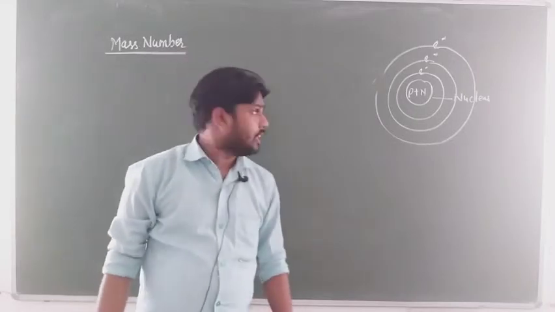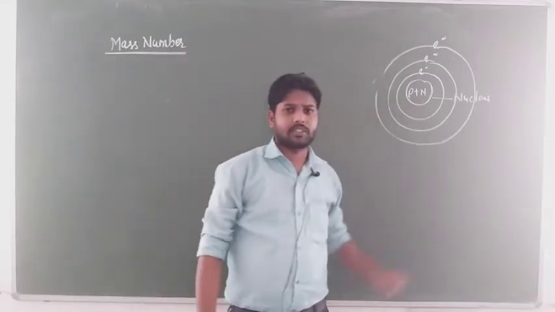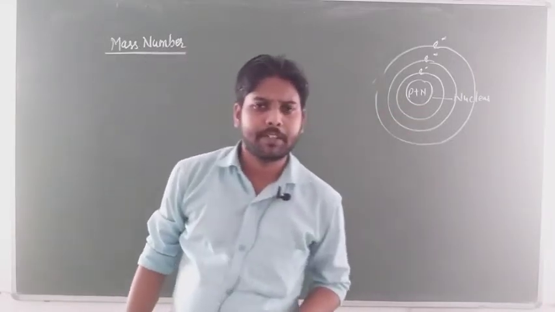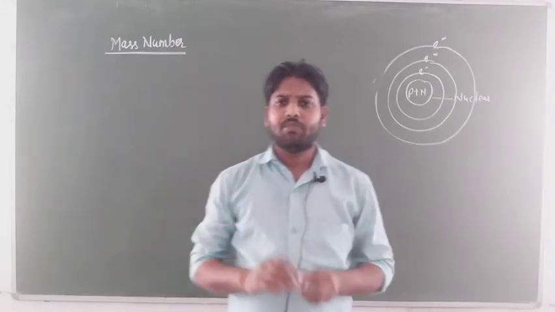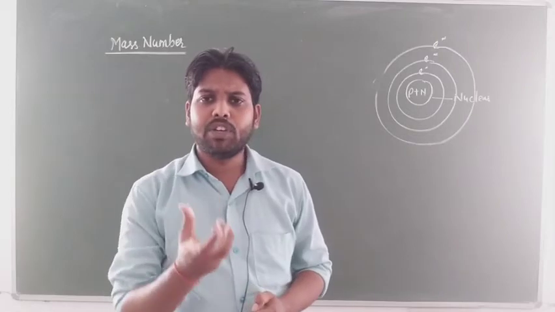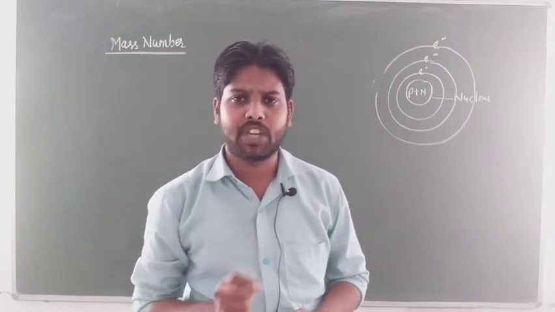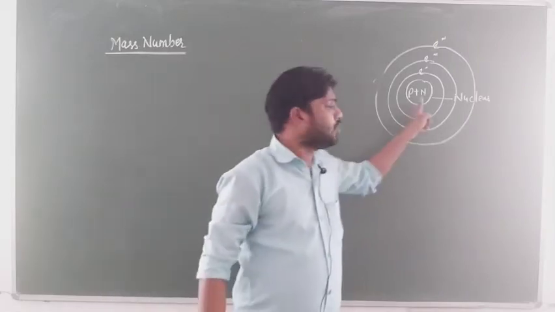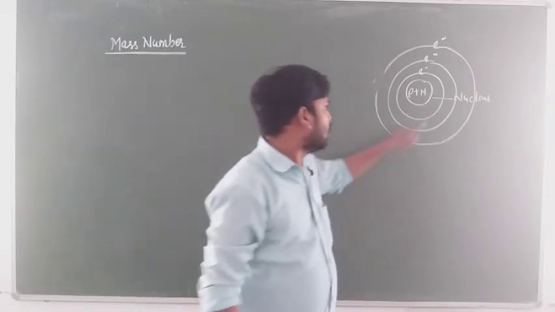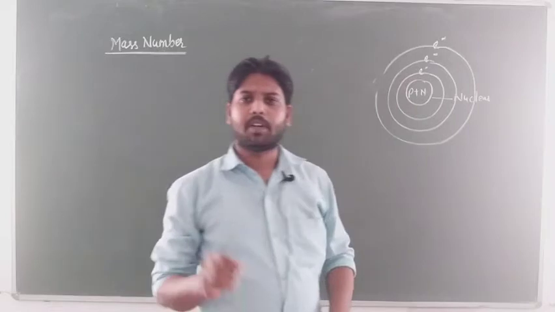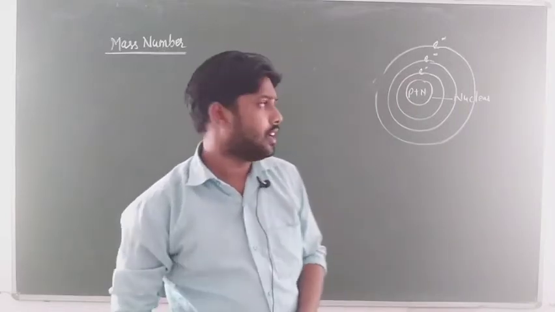Mass number. Students, in the nucleus, two particles are present, proton and neutron. It means we can say that the nucleus contains positive charge because neutrons do not contain any charge. So the whole nucleus will have a positive charge.